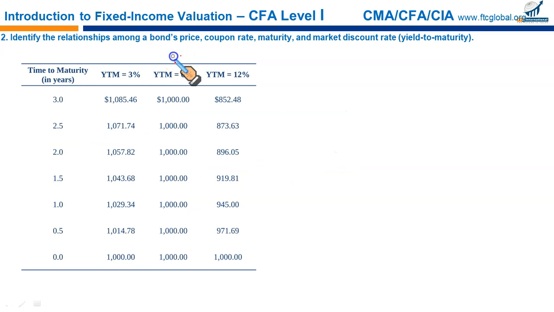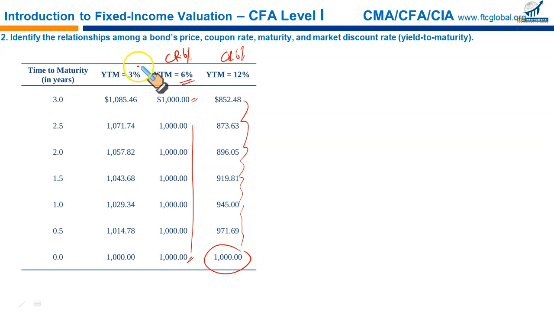Now, let's say a bond that has a coupon rate of 6%, and if YTM is also 6%, the bond will trade at par and will be redeemed at 1,000. Now, if the same bond with coupon 6%, when the market rate or the YTM is 12%, in such a case the bond will sell at a discount, and this discount will be amortized and the price of the bond will converge to par by the time the bond matures.